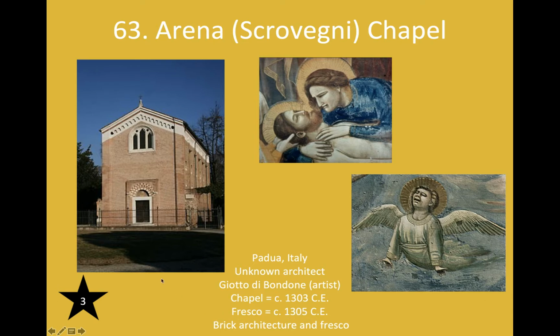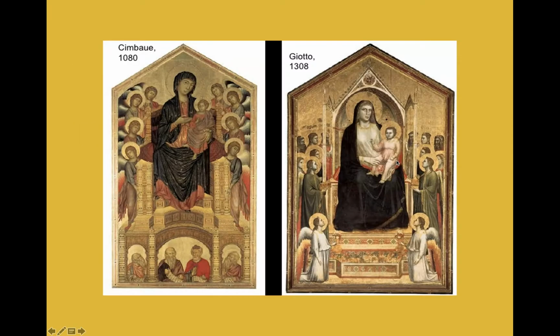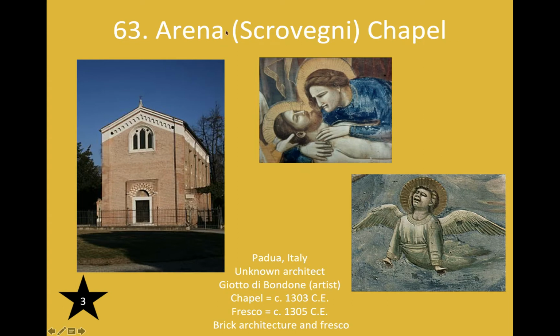So what are we talking about here? Let's look for a second at this building. All right. So we have this building, and the name of this building is the Arena Chapel, or the Scrovegni Chapel. Why is it called the Arena Chapel?